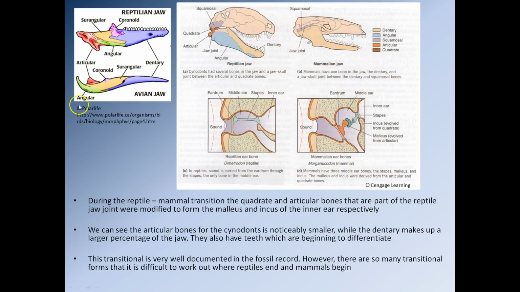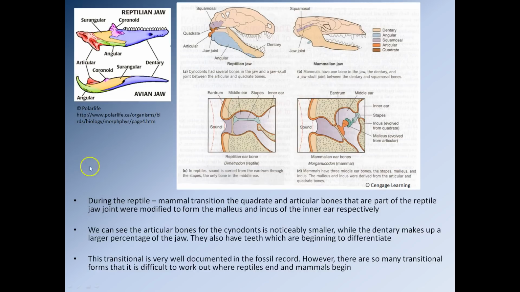In contrast, you can see the angular bone in both the reptilian jaw and the avian jaw is still quite large. So we can see there are significant similarities between these two jaws, but these two jaws are significantly different when compared to the mammalian jaw. So that's a good piece of evidence that suggests that birds are not mammals, or at least not related to mammals. They are more closely related to reptiles.